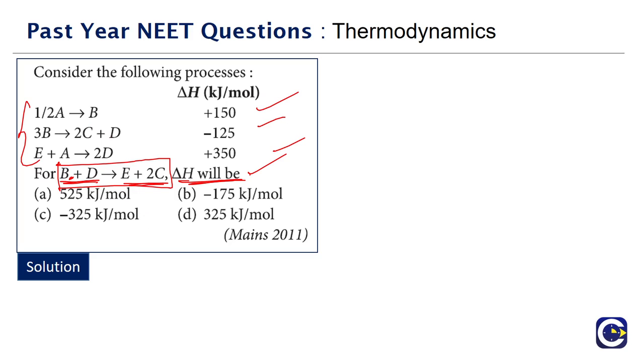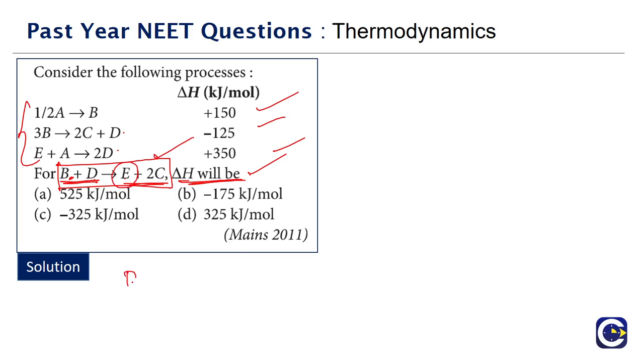Next, D is coming in the second equation and the third equation. But E is coming in only one equation, that is equation 3. But in the overall equation, E is coming on the product side.